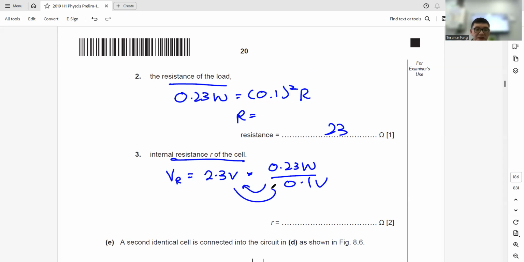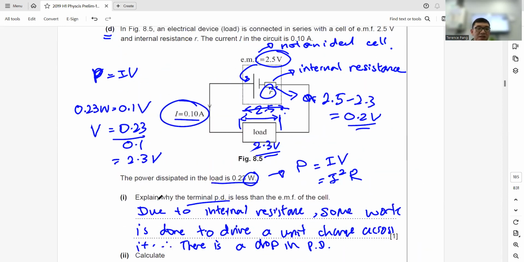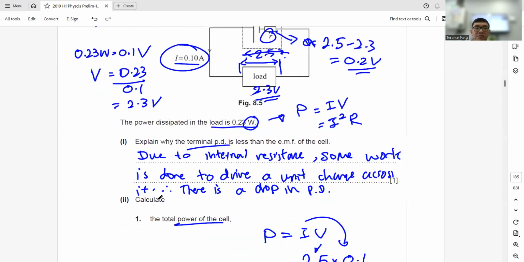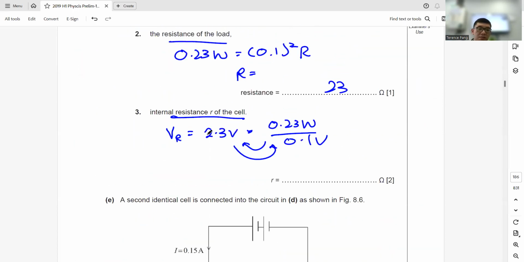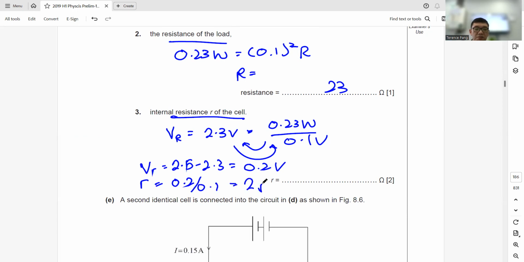This should be reversed, which is over here. Then your small r, put it in the next line, equals 2.5 minus 2.3, that'll be 0.2 volts. Your internal resistance r is therefore 0.2 divided by 0.1. That'll be 2 ohms.